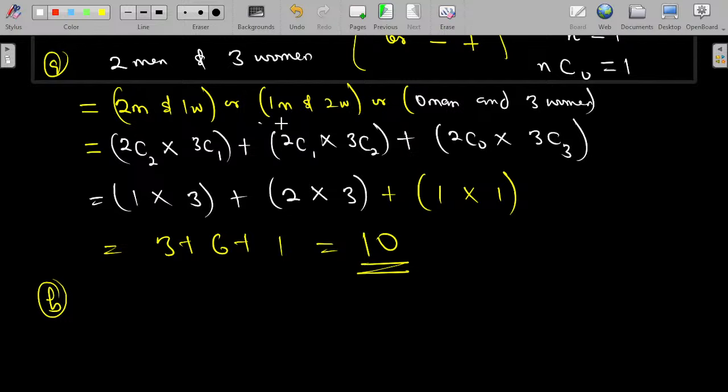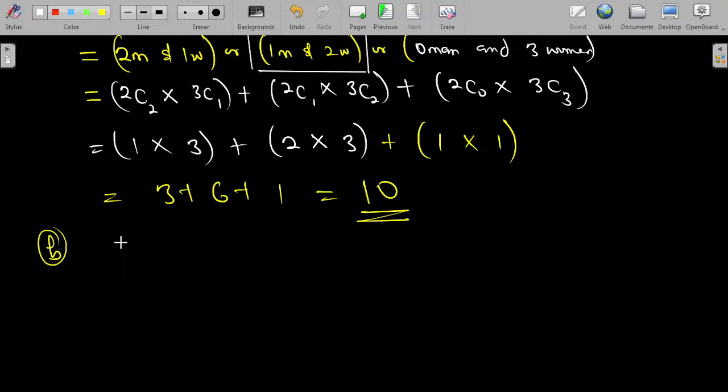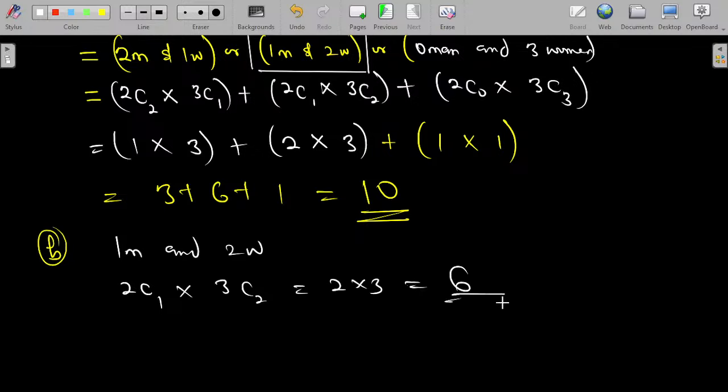So the middle one was where we picked 1 man and 2 women, and that was 2 combination 1 times 3 combination 2, and we got it as 2 times 3, which is equal to 6. Okay, so you can discover that the first question made the second very simple. All right, and that is that for number 11.